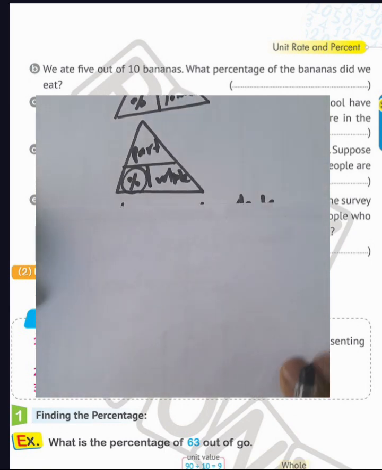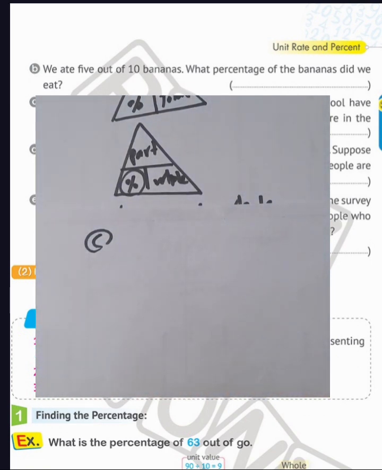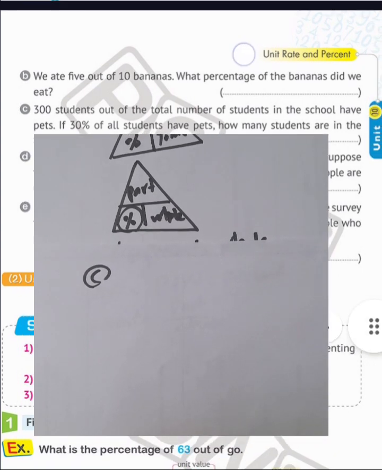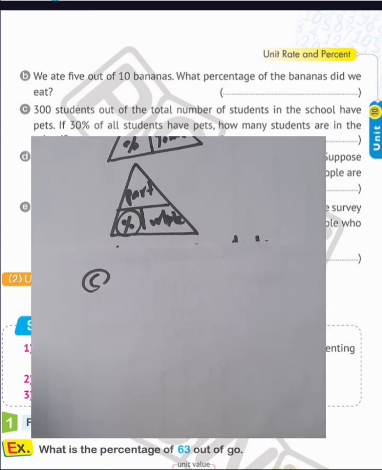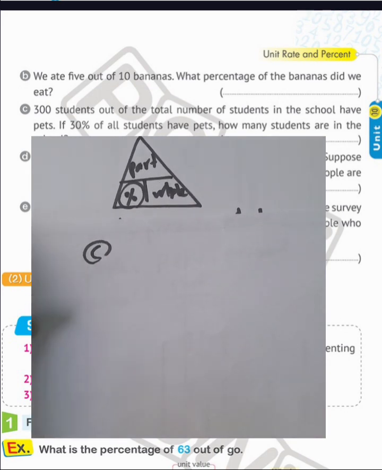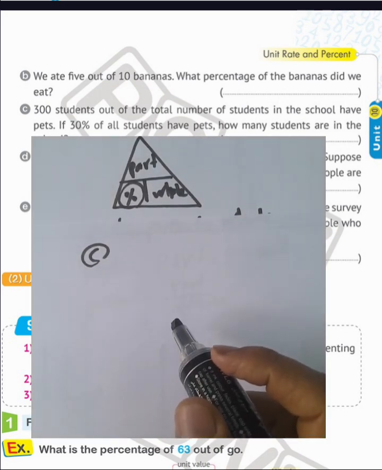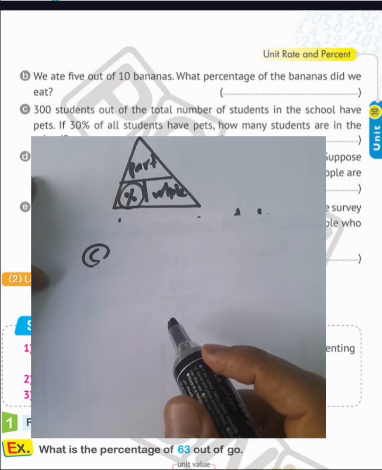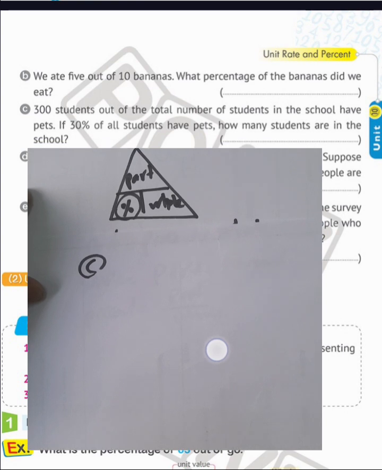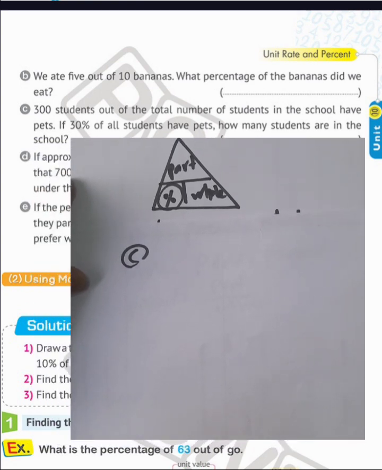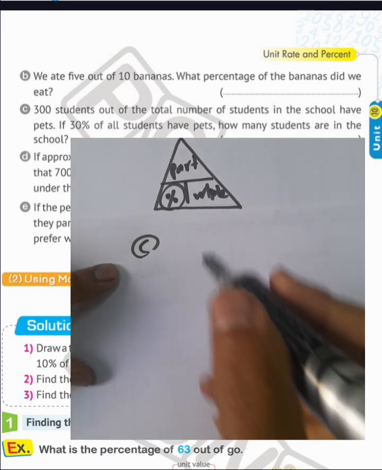Question letter C. 300 students out of the total number of students in the school have beats. If 30% of all students have beats, how many students are in the school? Okay, he gives us the part, and he wants to find how many students are in the school, the total.